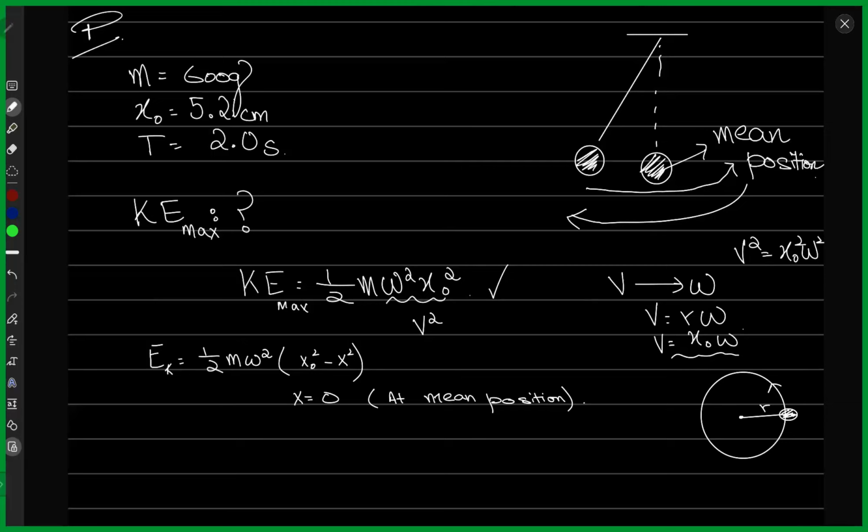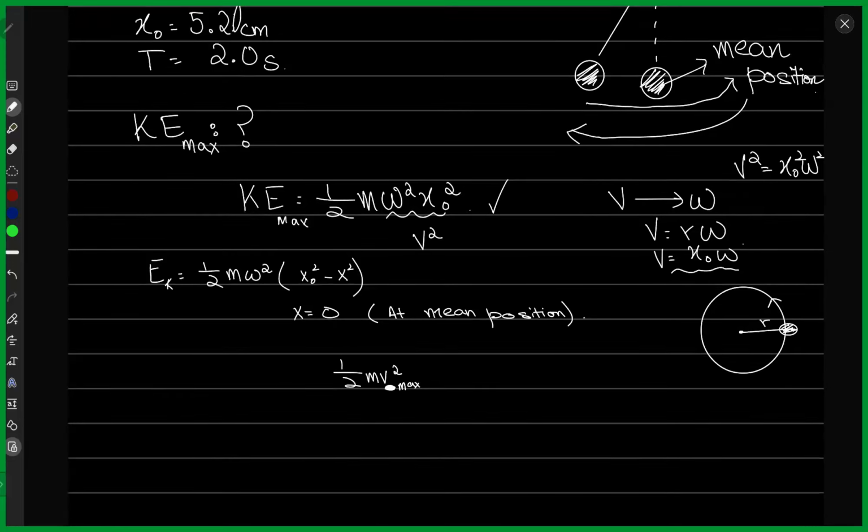And of course, in kinetic energy, we have half m v squared, right? So if I want to calculate the maximum velocity, I can write this expression for kinetic energy as half m v squared, and this v is the tangential velocity of the oscillation.